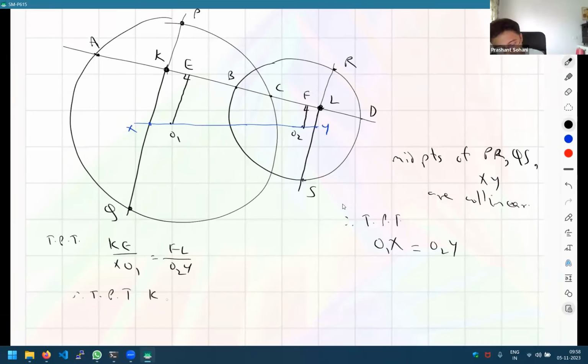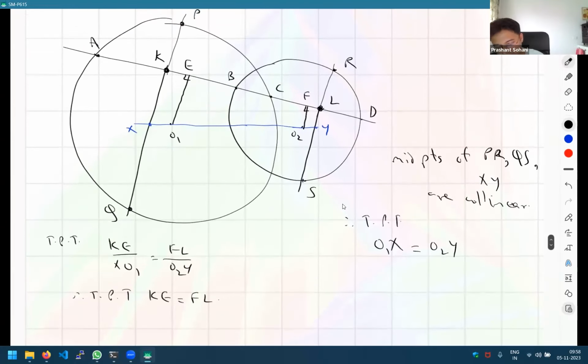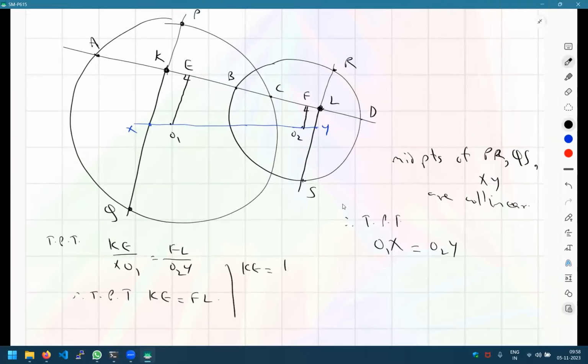And we know that KE is equal to KC minus EC, which is equal to BC plus AB upon 2 minus AC upon 2.